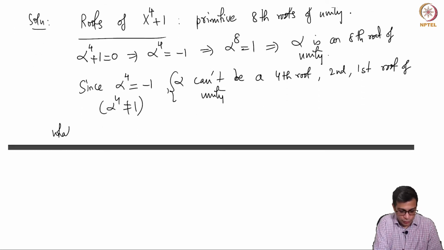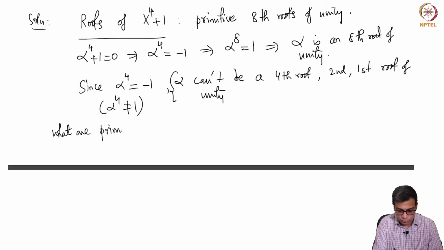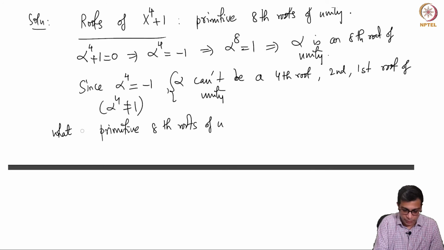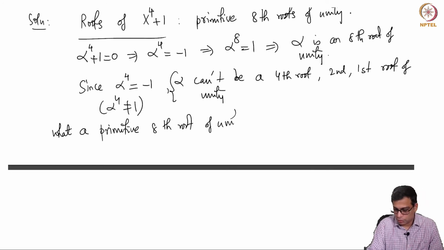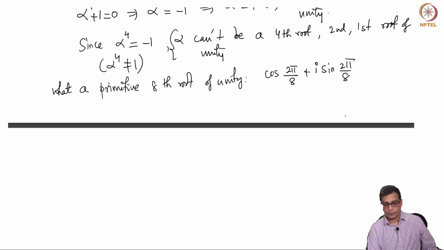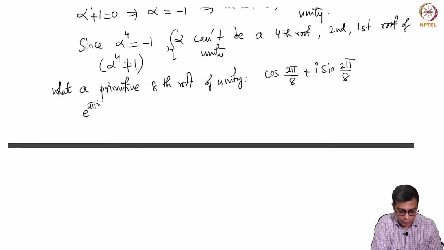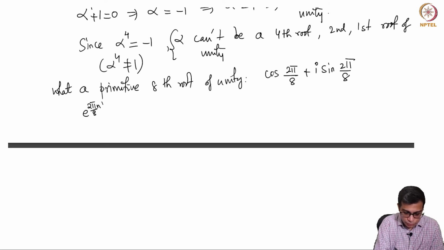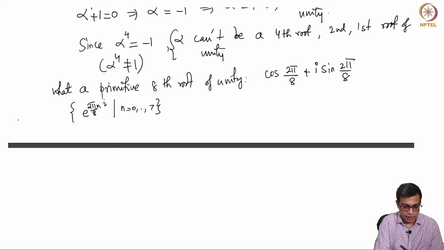What are primitive 8th roots of unity? A primitive 8th root of unity is precisely cos(2π/8) + i sin(2π/8). In general, all the 8th roots of unity are given by these.